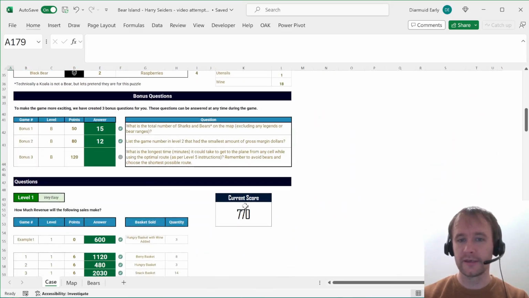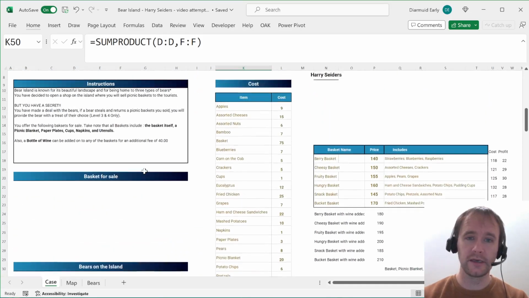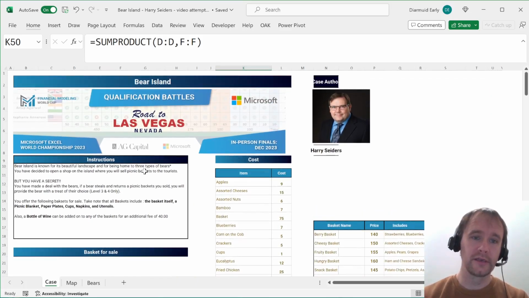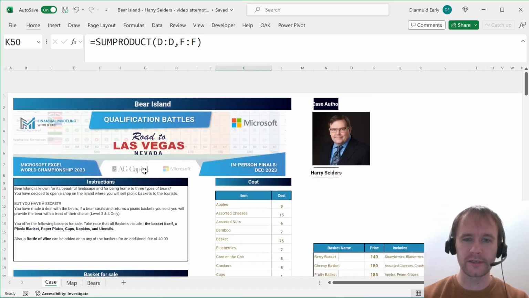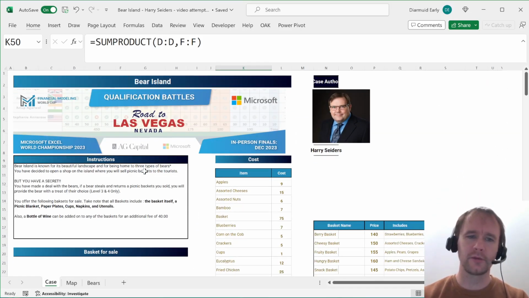If you can get 770 points on one of these cases, you'll be doing very well for yourself if you're kind of starting off. And once you get to the stage where you're ready to go and tackle more advanced things, I think actually Excel Wizard Bo Rydobon has a video on this particular case.